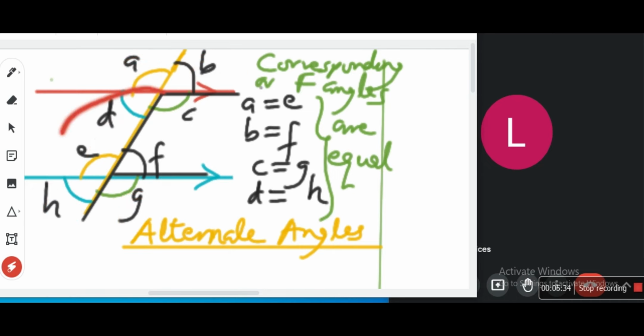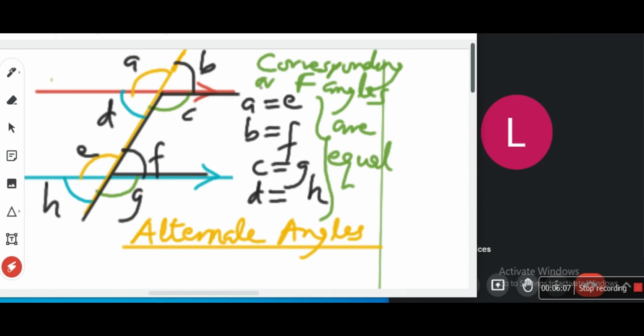The ones that are inside, only here. And as the name implies, it goes alternate. It comes this way and then goes the other way. So E with C, while D is with F, alternate. E to C, D to F. And they're equal. Only the internal ones are targeted, not the external ones.